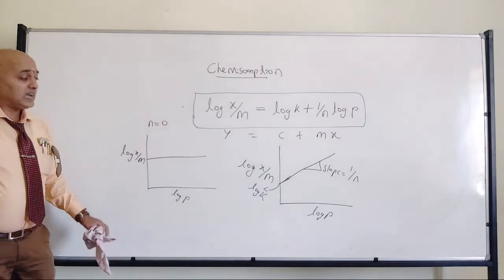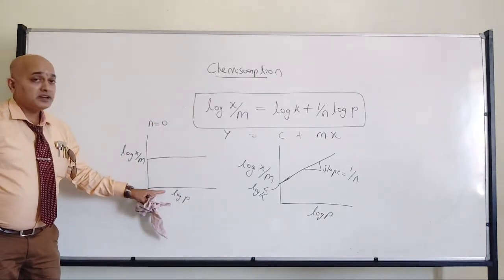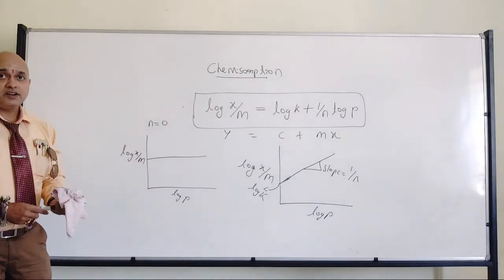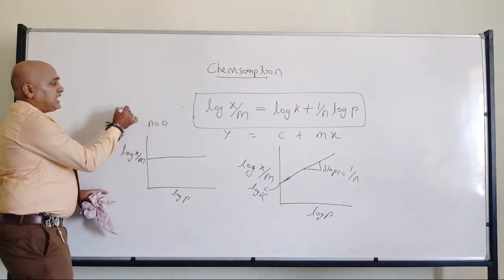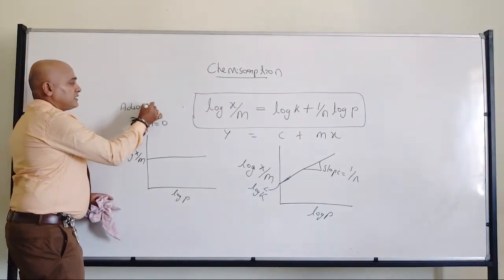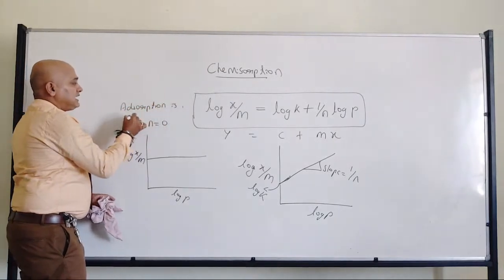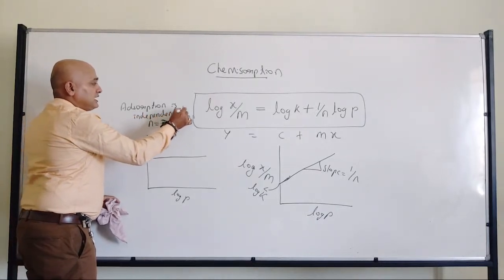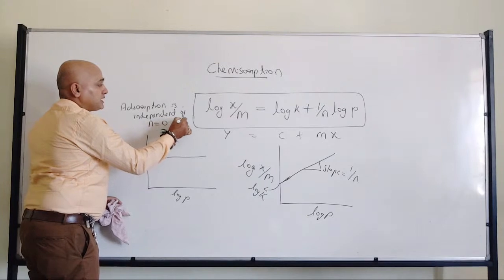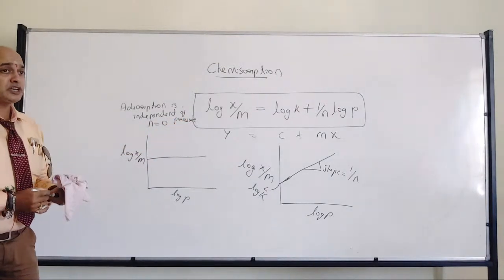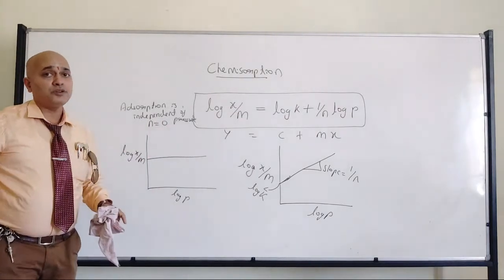That indicates that pressure does not have any impact on the adsorption. Or I can tell that when n value is becoming 0, adsorption is independent. Very good question. Independent of pressure when n value is equal to 0.